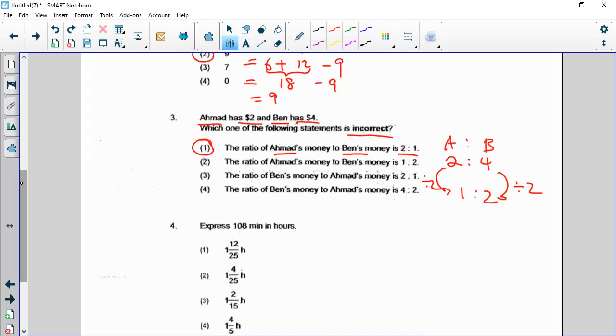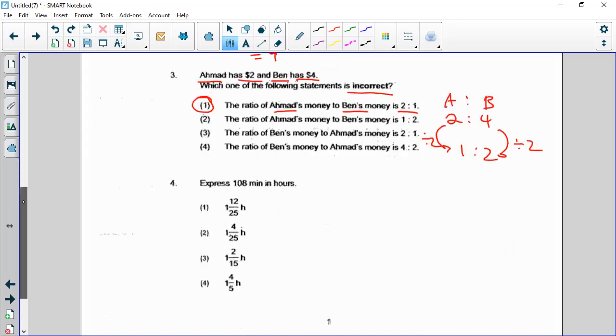Let's go to number 4. I think some of you have some problem doing this. How do you change the minutes into hours? Very simple. You just divide by 60 to get how many hours and how many minutes. You get 1 times 60, and there's a remainder 48. So it becomes 1 and 48 out of 60 hour.